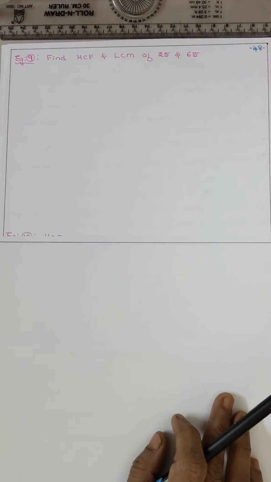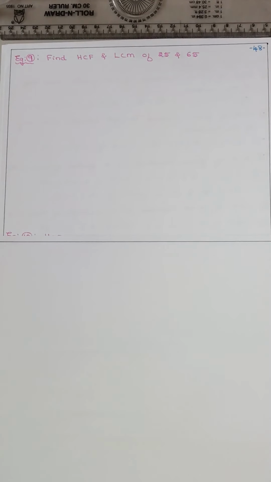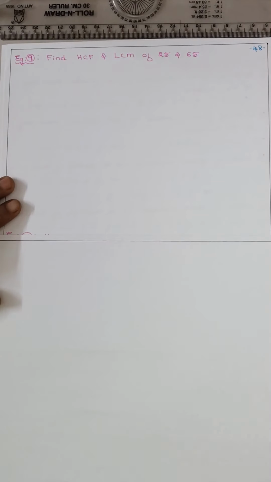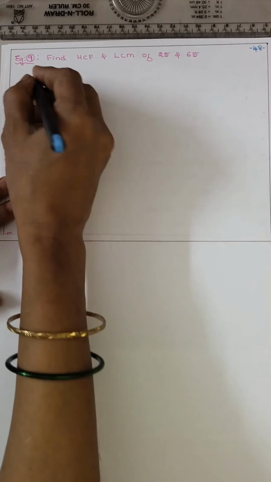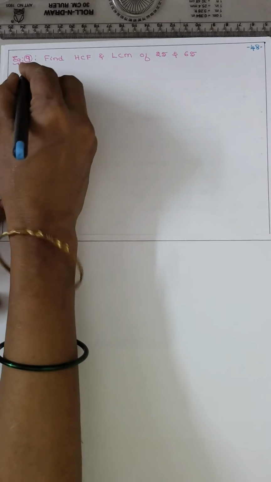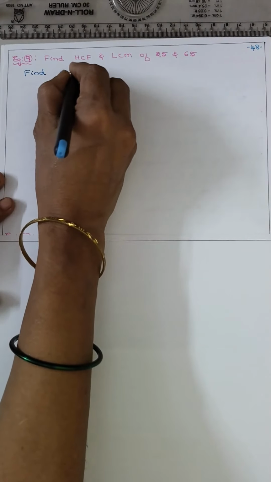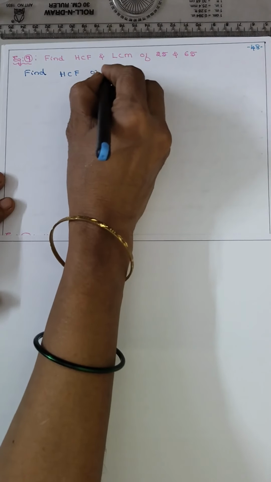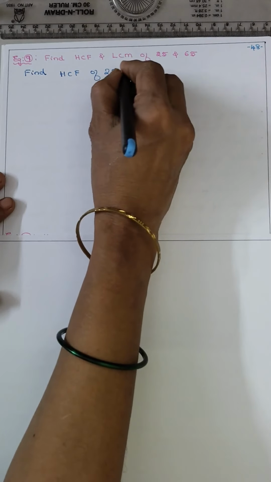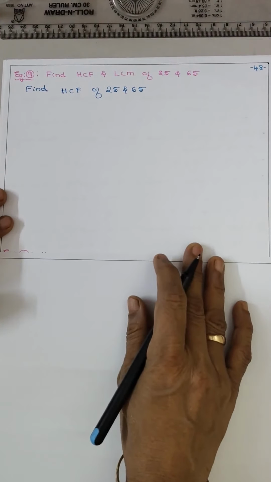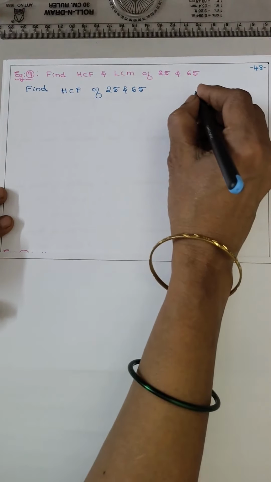The HCF into LCM is equal to the product of the two numbers. सो फर्स्ट फाइंड आउट द HCF of 25 and 65. You remember the continued division method, isn't it?